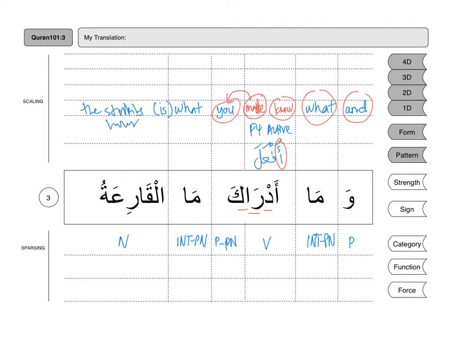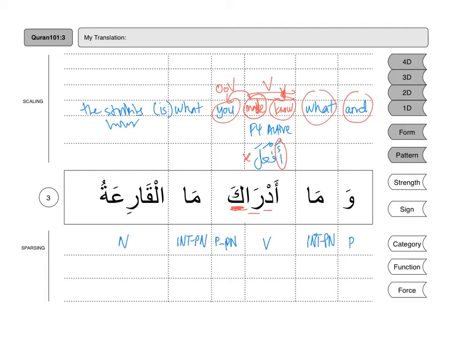So in that sense, both of these are the verb, and this is the second object of verb, because of meaning. So "makes you know". Every verb has an assumed subject of verb, right? The ka is not a subject of verb because it is the object of verb.